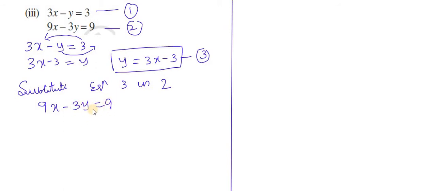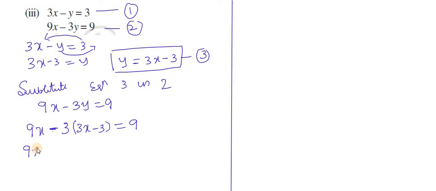Now what we need to do? See that y is equal to 3x minus 3. So substitute this value: in place of y, you replace 3x minus 3. So your 9x minus 3 into, in place of y, 3x minus 3, is equal to 9.